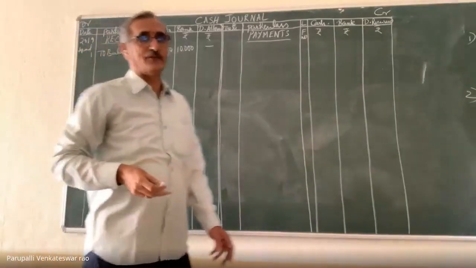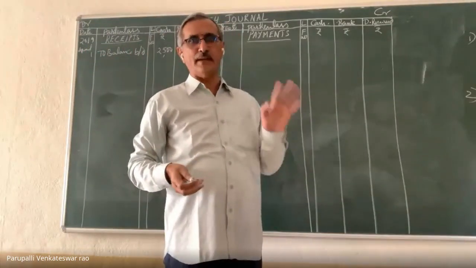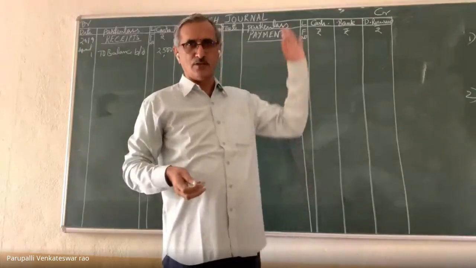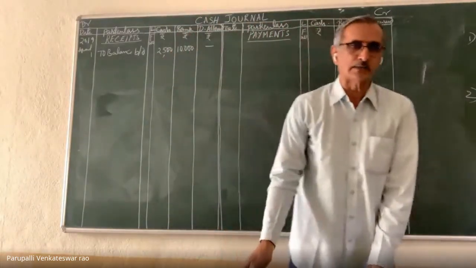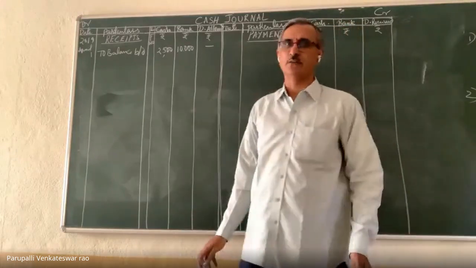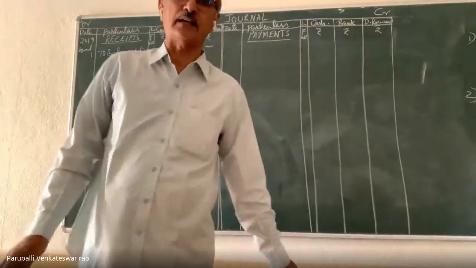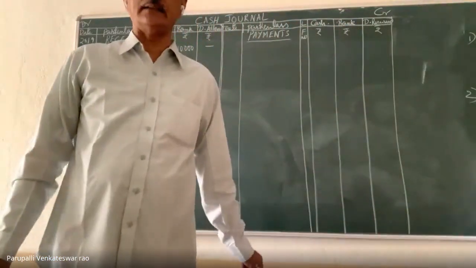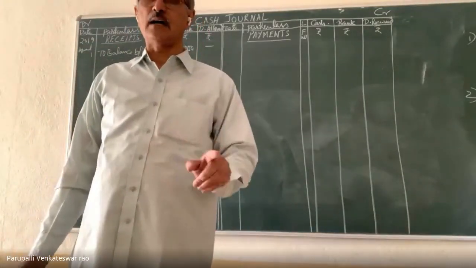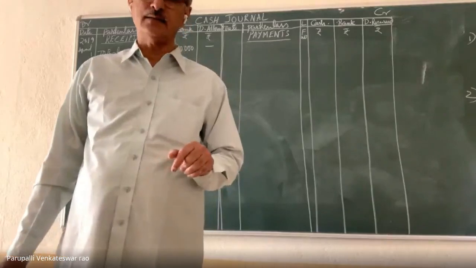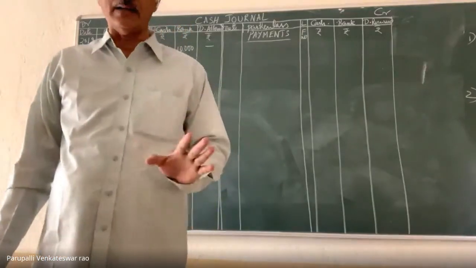Discount will not be carried forward every month. The entire discount will be transferred to the discount allowed account and discount received account at the end of each month. That is not balanced. Why is that not balanced? Only yesterday I told you the cash column and bank column are balanced. The discount column should not be balanced.